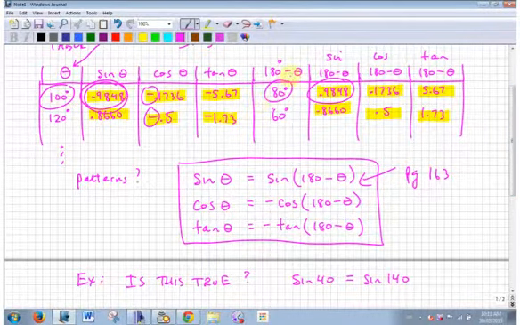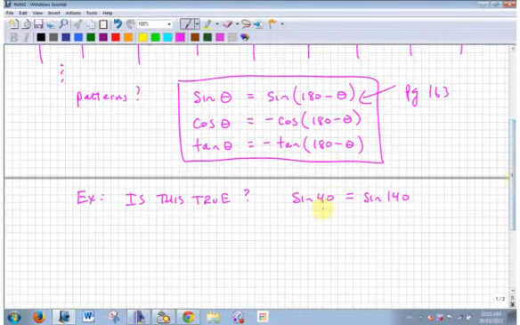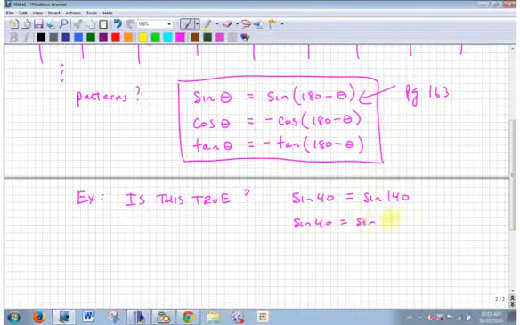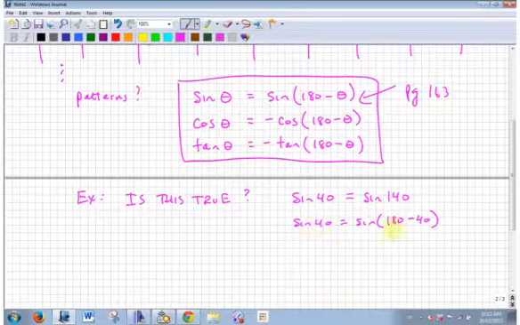If I took 180 minus 100, that would have been 80, and the sine of 80 was the same number, right? So what's 180 minus 40? 180 minus that angle theta. Is this the same as this? Yeah. It is. It's true, right? Okay, that tells us that. So you don't need to put it in your calculator to verify it, but you could.